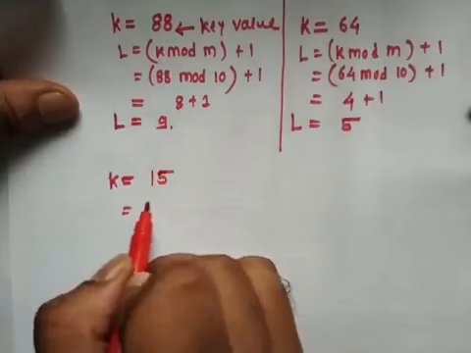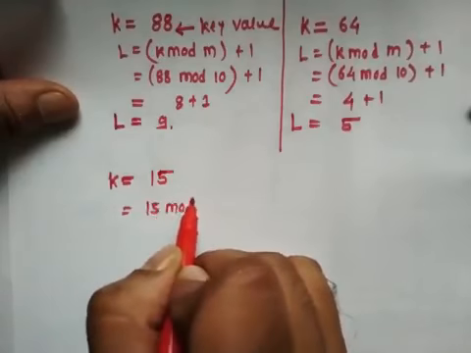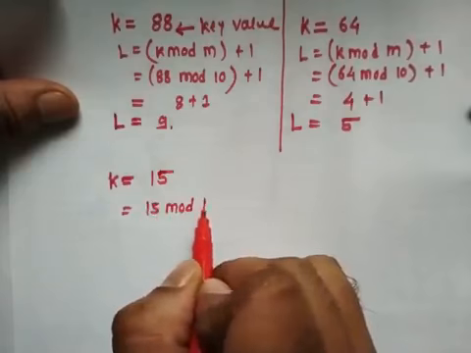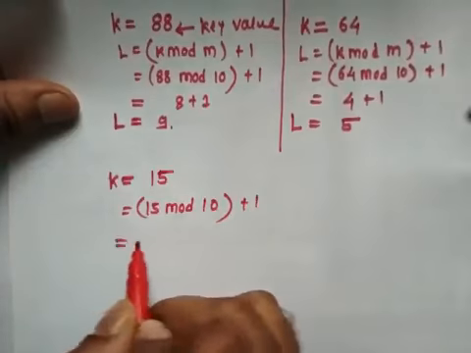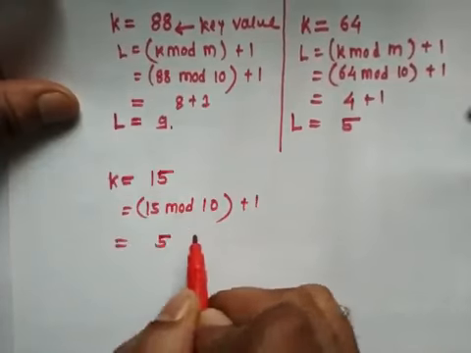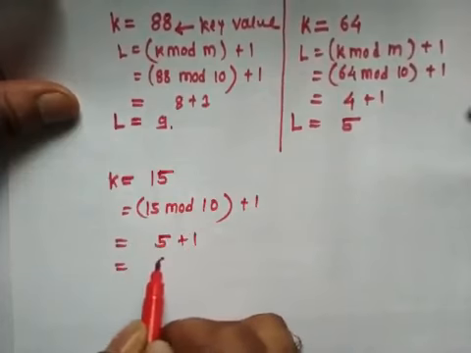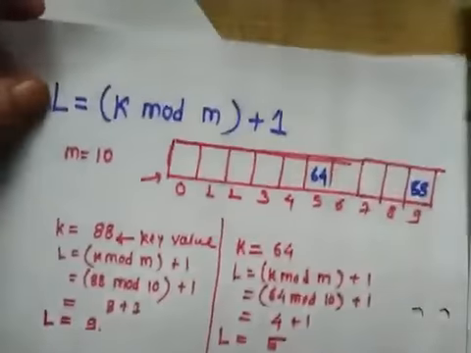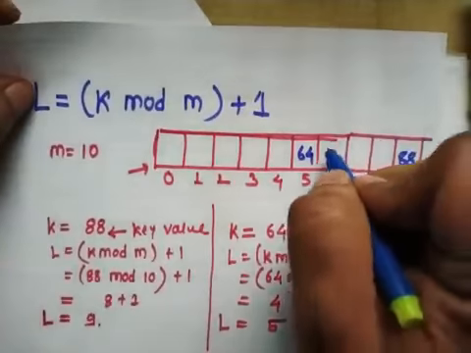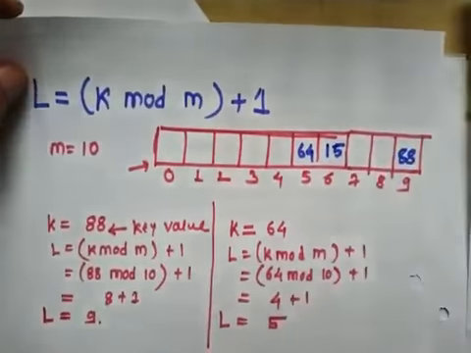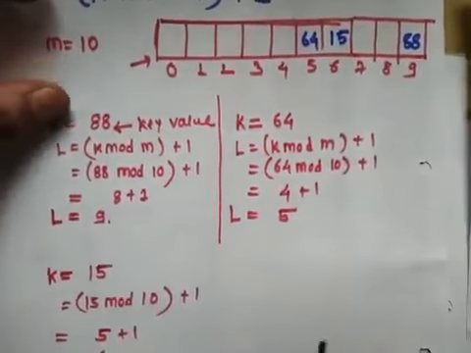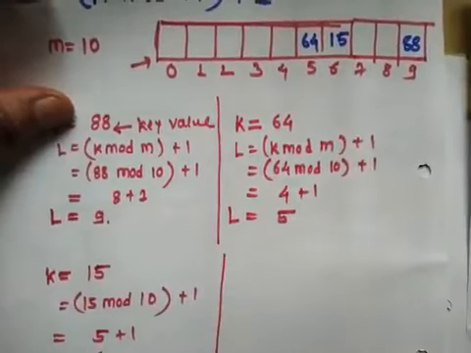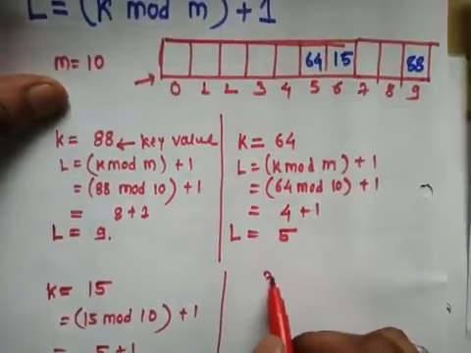So 15 mod 10 plus 1. Here comes 5 plus 1, that is equal to 6. So at index location 6, we are going to store the element 15. Same thing with 33.